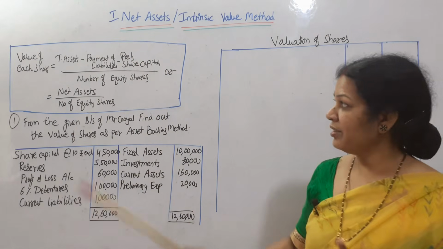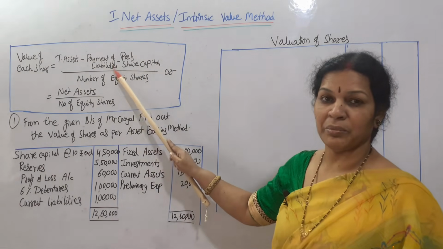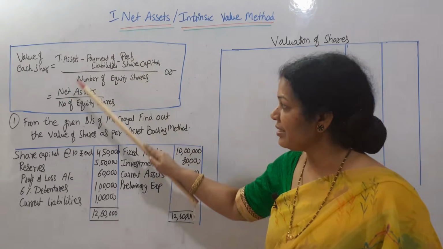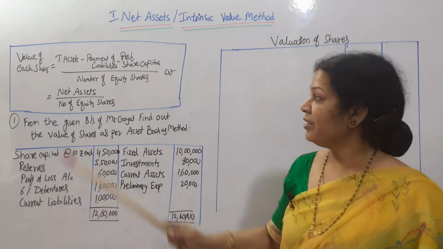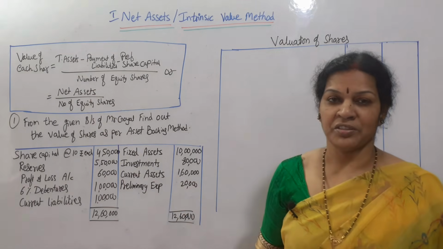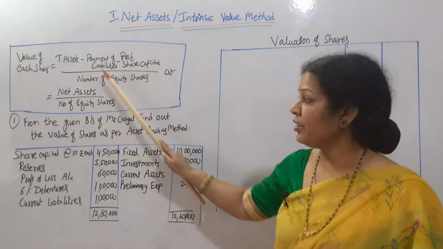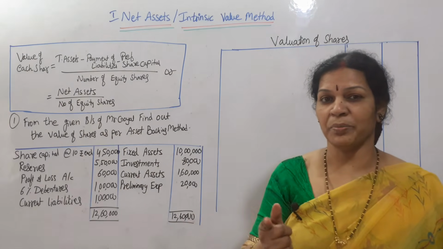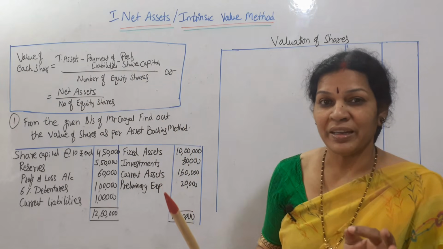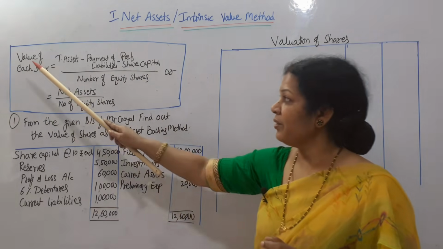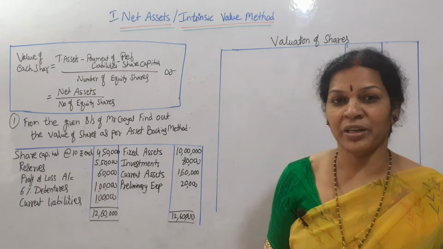This is the formula. Rather than writing all this, we can say it in short: net assets. Net assets by number of equity shares, easy to remember. You can use the lengthy formula or the short formula, so that you will get the per share value, okay. Through a problem you will have more clarity.